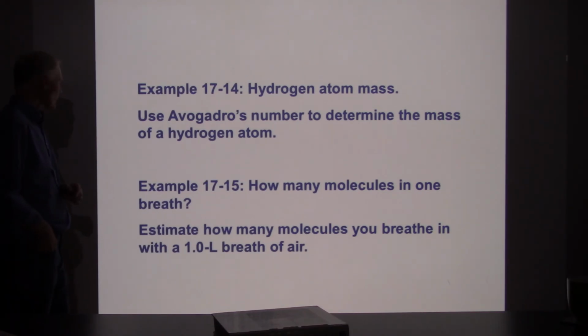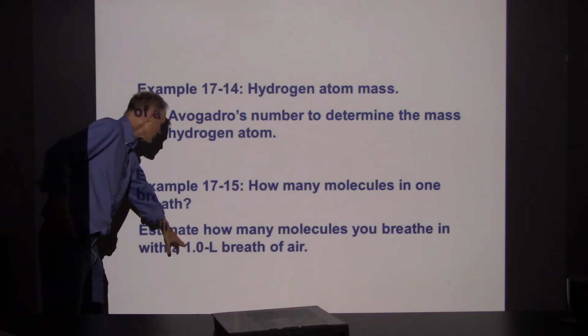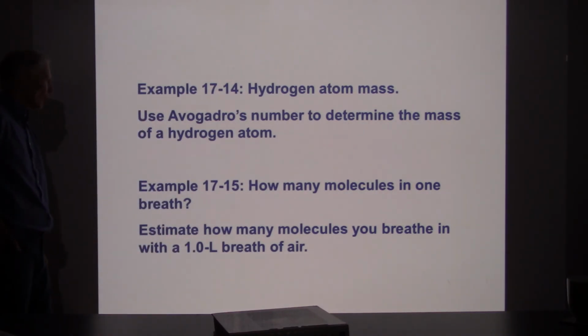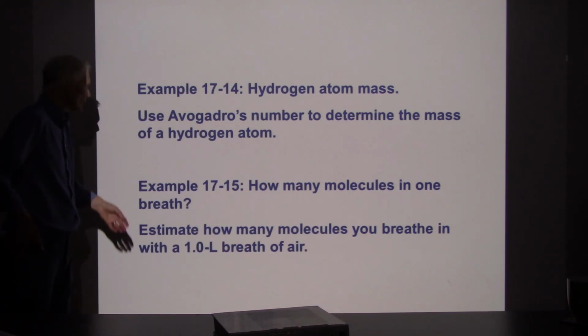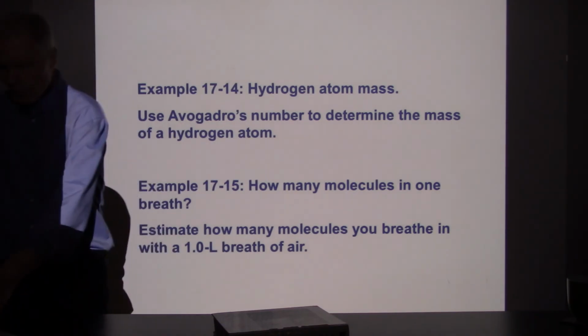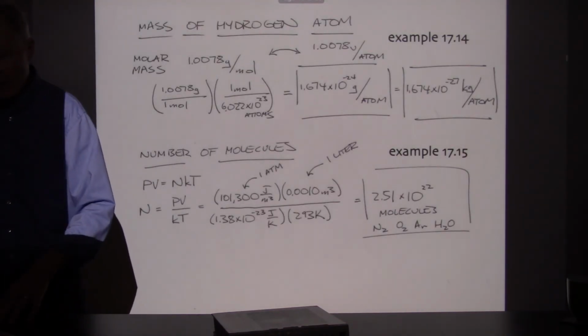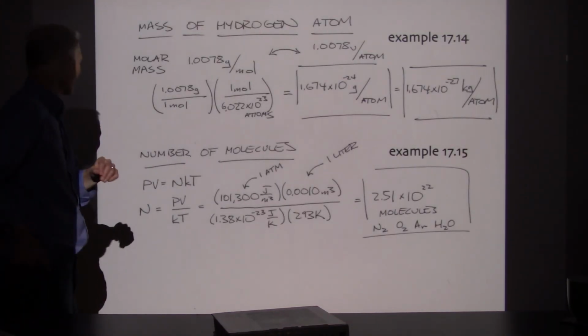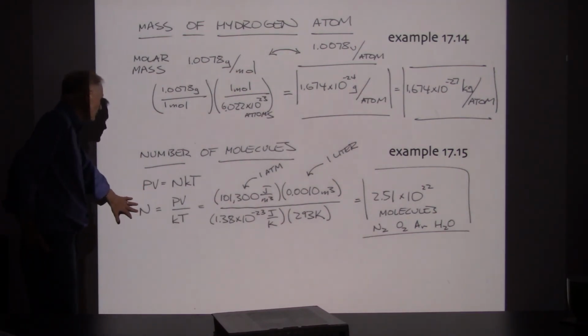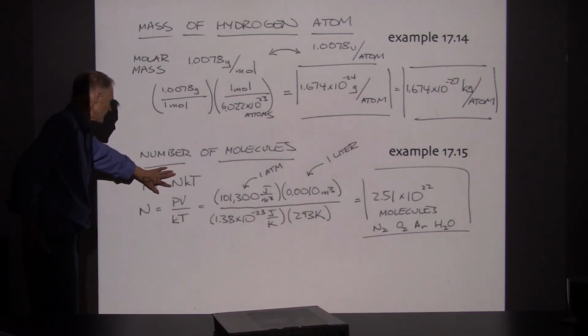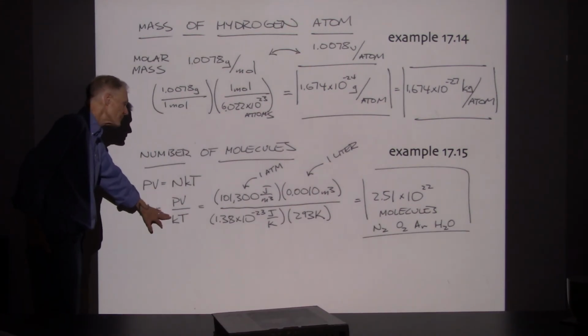Example 15: how many molecules are there in one breath? I don't know. It says one breath is a liter? Okay, 1 liter of air. So what we're going to do is take 1 liter of air. I can do that, I think. Let's use this version of the ideal gas law, PV over Boltzmann's constant.